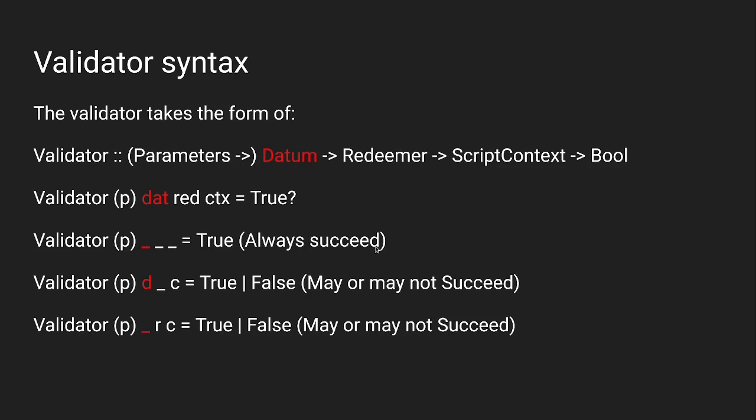If we put false, it's going to fail. And depending on whether we use the datum and the context, it may or may not be true. Okay, so that will depend on the logic that we are using with those two values. The same if we use the redeemer and we ignore the datum, but we still use the context, it may or may not succeed.